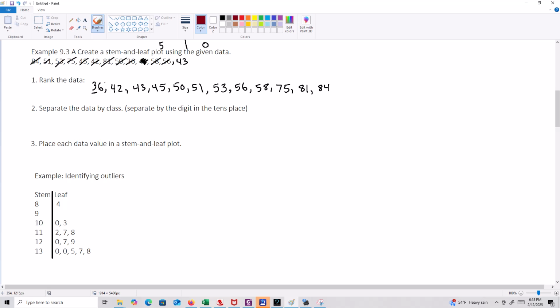So we're going to separate that by class because the next number up moves to a 4. So all the numbers in the 40s will be in their own class, and then all the numbers in the 50s will be in their own class, and then 75 will be in its own class, and 81 and 84 will be in their own class.